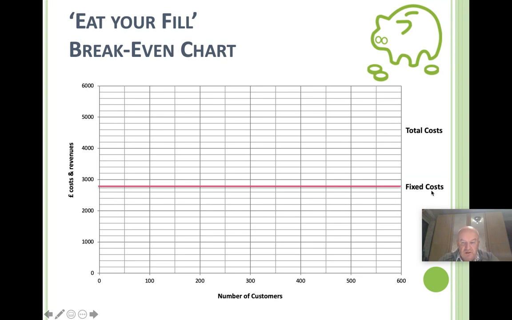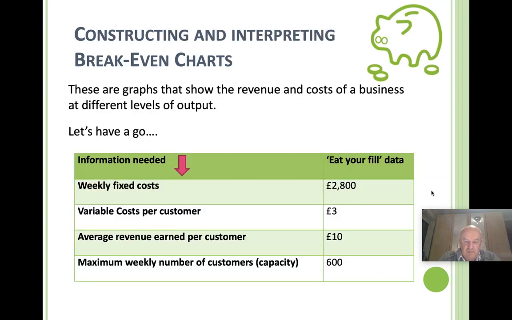Next, we're going to bring our total cost line in. Now remember, total cost is fixed cost plus variable cost. So we're going to need to calculate what our variable costs are and how that might work out. In this instance, if we jump back one again and look at our variable cost per customer, that's £3 per customer.